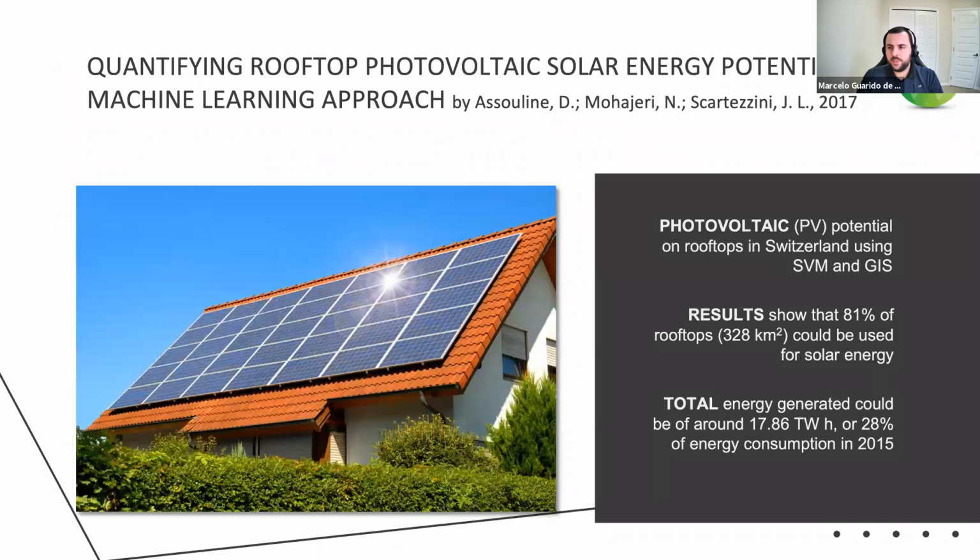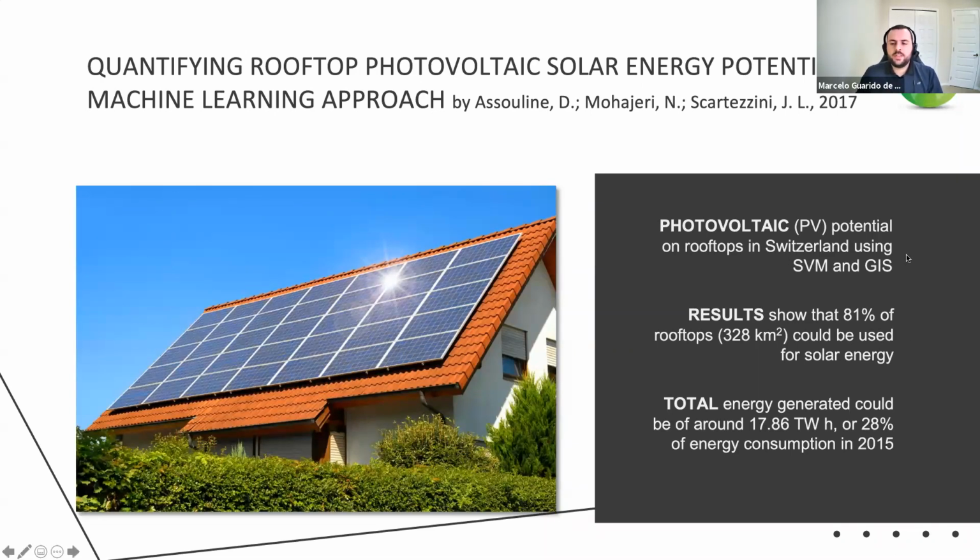This other paper, I'm going to say, was my favorite paper to read for this presentation today. It is Quantify Rooftop Photovoltaic Solar Energy Potential, a Machine Learning Approach by Asulaini and others, 2017. And this project is actually quite interesting.